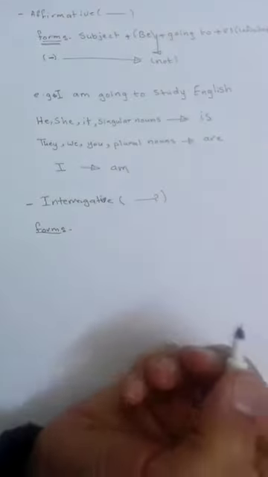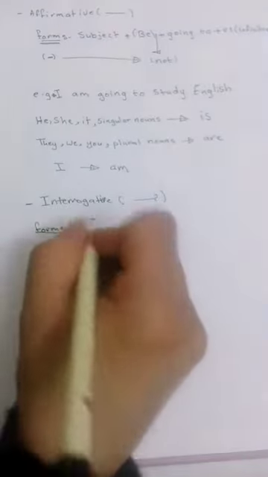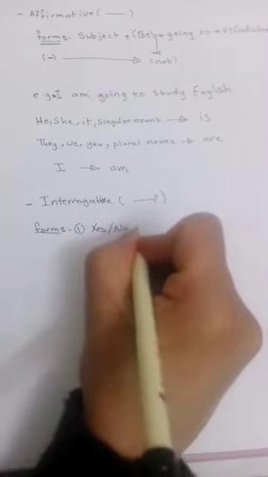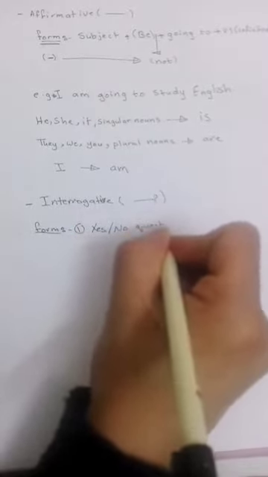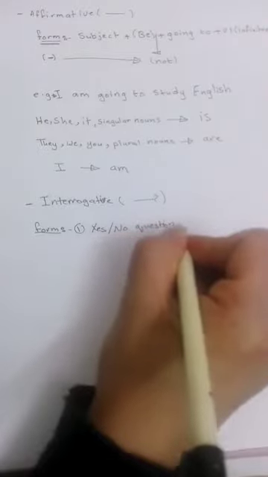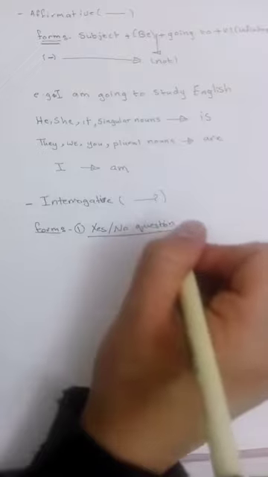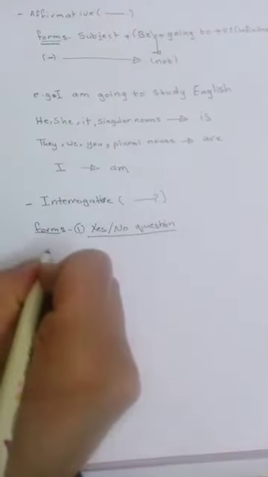We have two types. Type number one, if we have a yes or no question, this is the form.